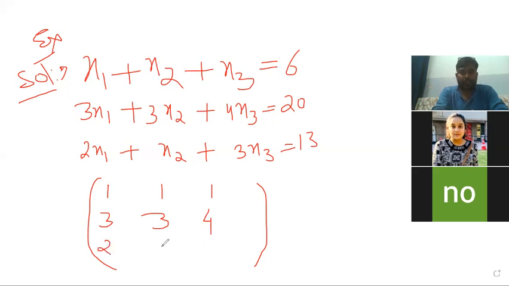These are the coefficients of x1, x2, x3 from all the different equations. We can draw the line here, or write a dot sign. It depends on you. In the next step, we will draw the line directly. This line shows that this is the right side portion: 6, 20 and 13. This is clear.